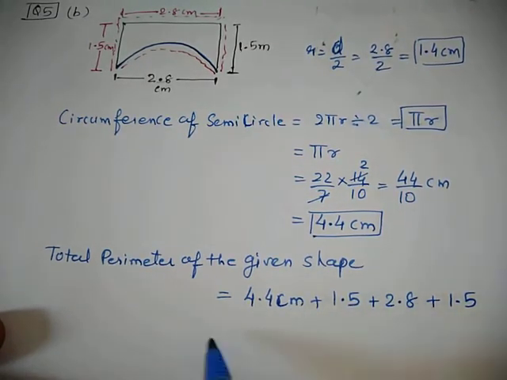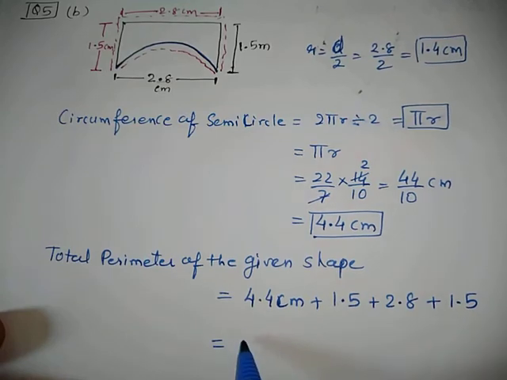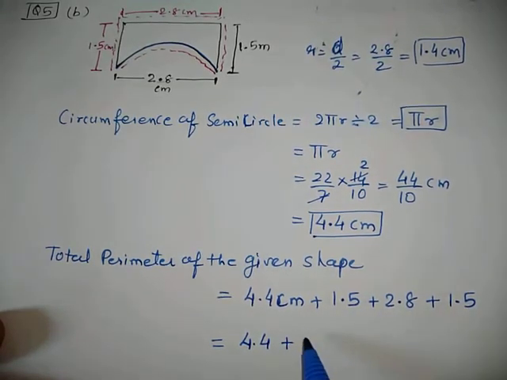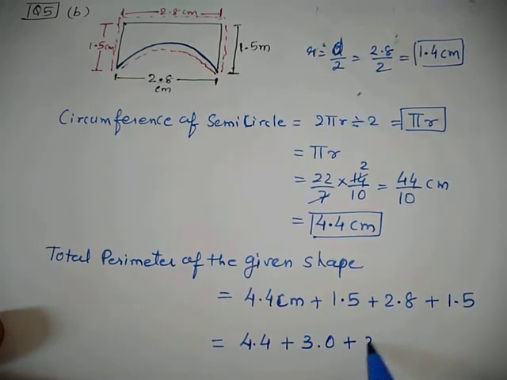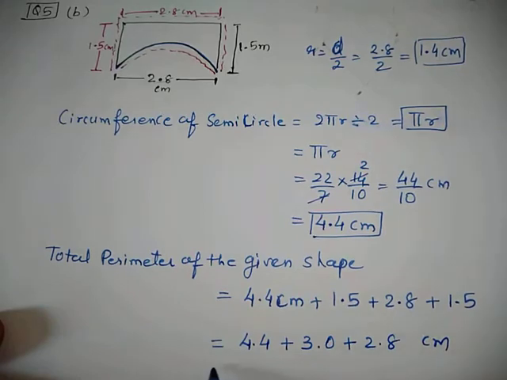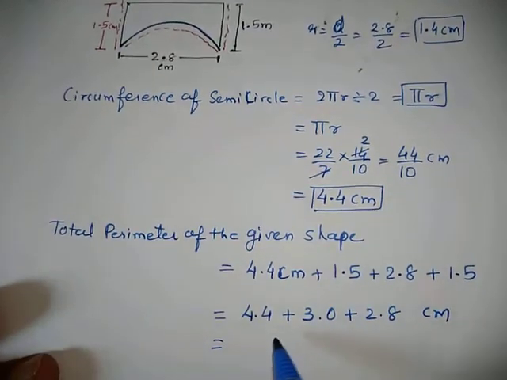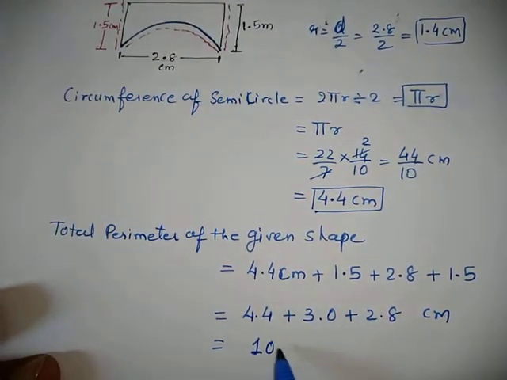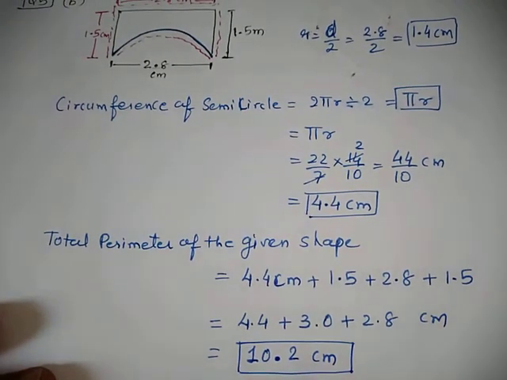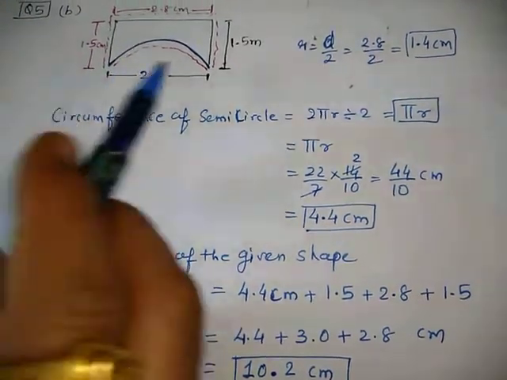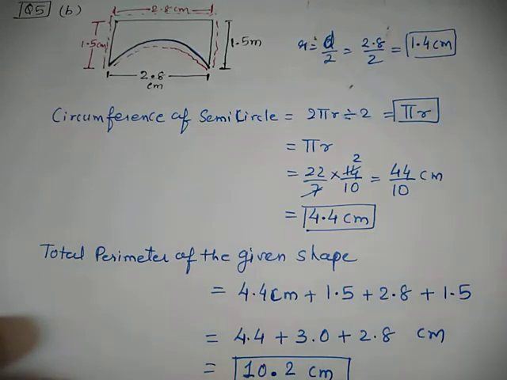So if I add all this, I am getting 4.4, these two will give us 3.0, that is 1.5 plus 1.5, plus 2.8 centimeter. So overall I am going to get 10.2 centimeter as the distance traveled for this figure.